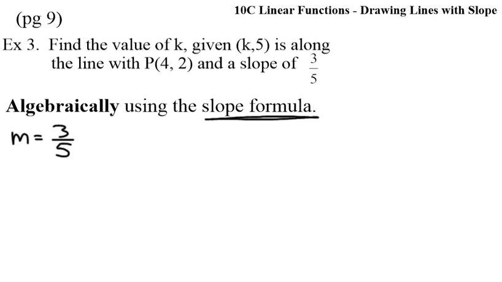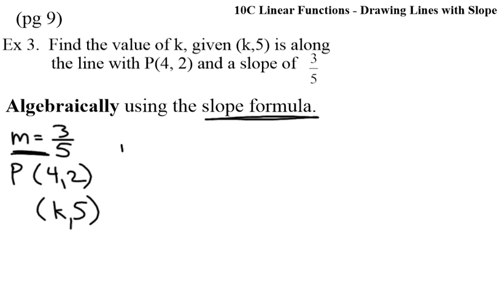But we calculate the slope using 2 points. We know we have point 4, 2, and we also know we have this point that's K, 5. How do we calculate slope? Remember, slope is change in y's over change in x's.